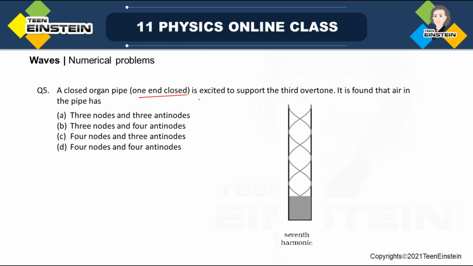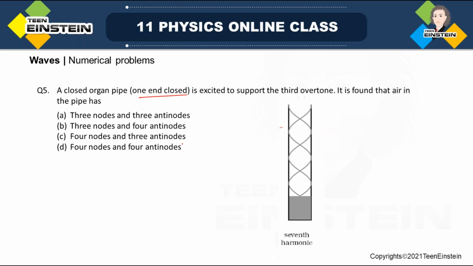It is excited to support the third overtone. Then it is found that the air in the pipe has 3 nodes, 3 antinodes; 3 nodes, 4 antinodes; 4 nodes, 3 antinodes; or 4 nodes, 4 antinodes. You have to find out how many nodes and how many antinodes will be there.